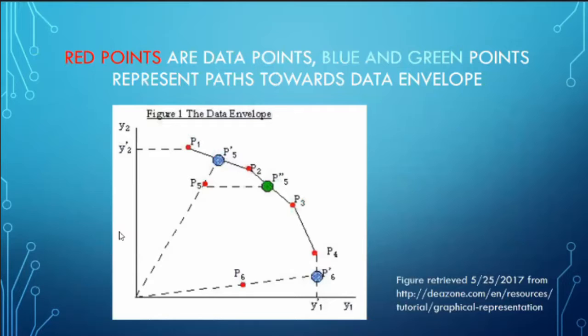And you'll also see that there's a path mapped out from those points to the data envelope or efficiency frontier. And so we can not only identify which members of the group are at this ideal level of efficiency, but we can also chart a course so that those less efficient can move towards efficiency. So that's one of the great benefits of data envelopment analysis.